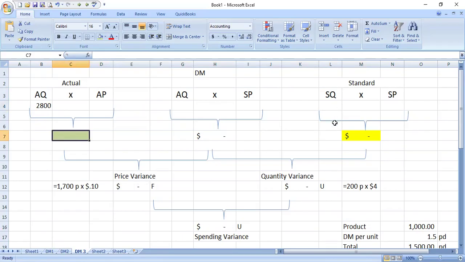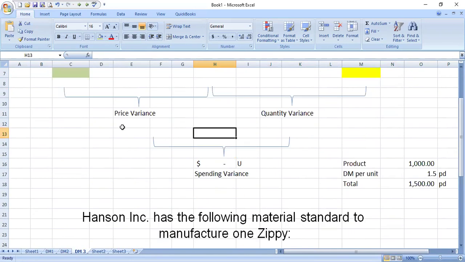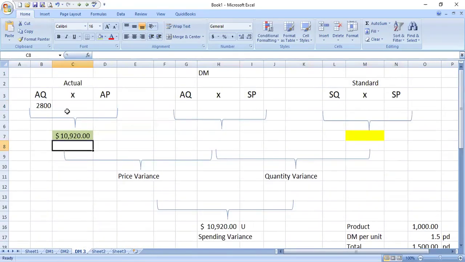And for that material, let's do some modification here. For that material, we paid $10,920. Again, we purchased 2,800 pounds of material.